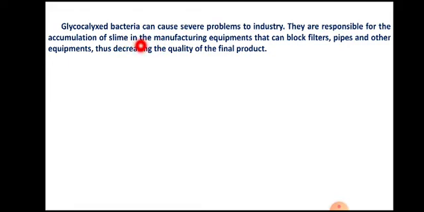This slime is accumulated in the manufacturing equipment, and that can cause clogging, or blocking of filters, blocking of pipes, and non-functioning of different types of equipment, therefore decreasing the quality of the final product.